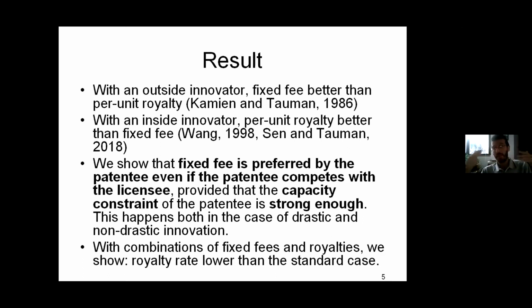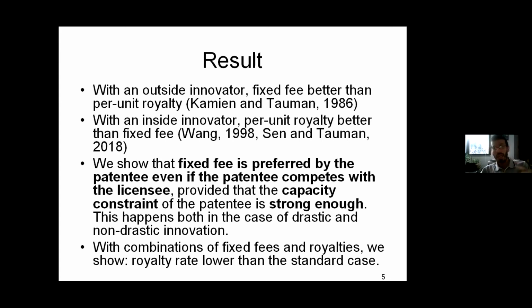But in the case of drastic innovation, if the capacity constraint is very strong, then not licensing is even better. Okay, here I'm just talking about the comparison of the two licensing schemes. Then at the end I will show a picture where all the results are summarized. Here I'm just referring to the comparison of these two types of licensing schemes.